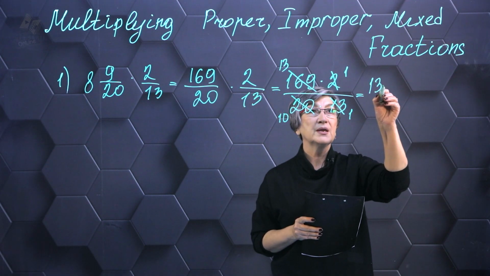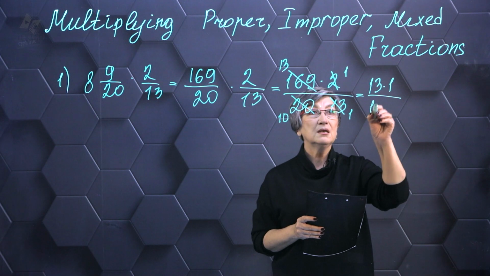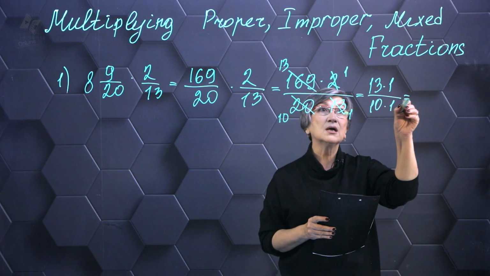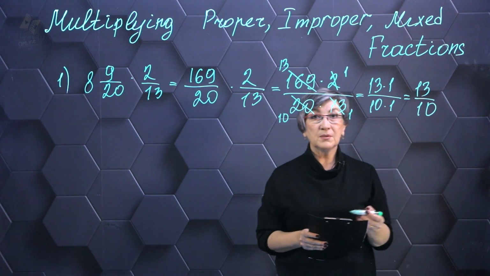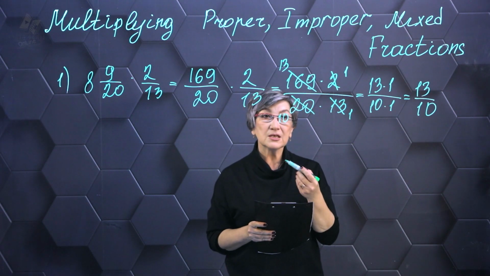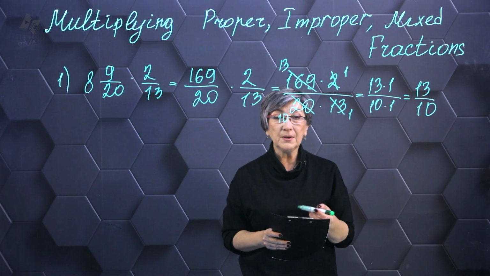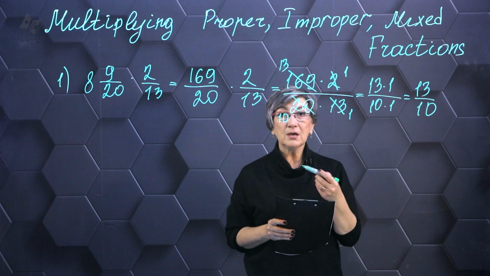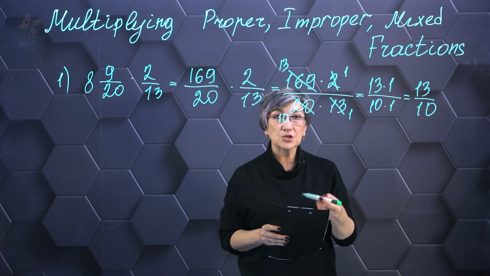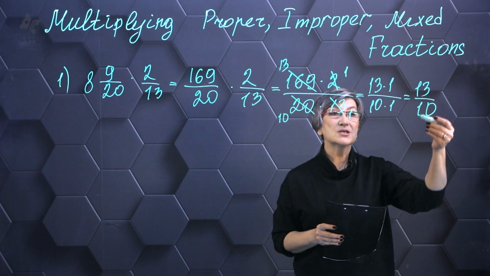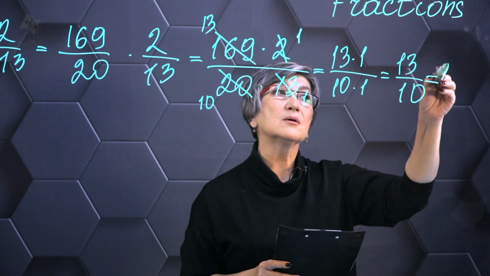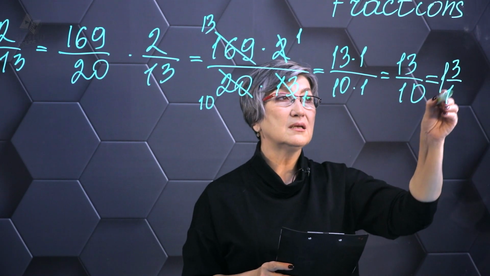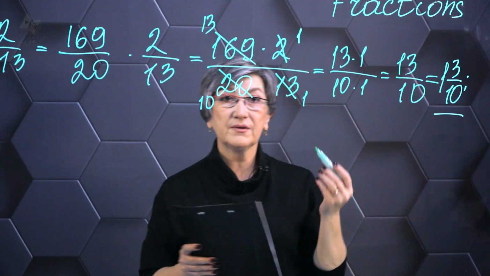This leaves me with the following numbers: 13 times 1, and in the denominator 10 times 1. The answer is 13/10. But we talked about the last step: to reduce the fraction, or bring it to a mixed number. In this case, we don't need to reduce it, but to convert it to a mixed number, it will be 1 whole and 3/10. This will be our answer.